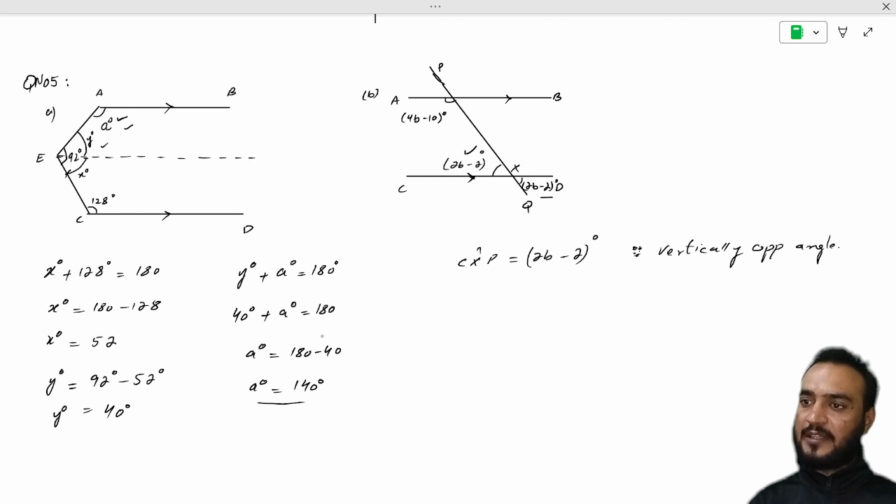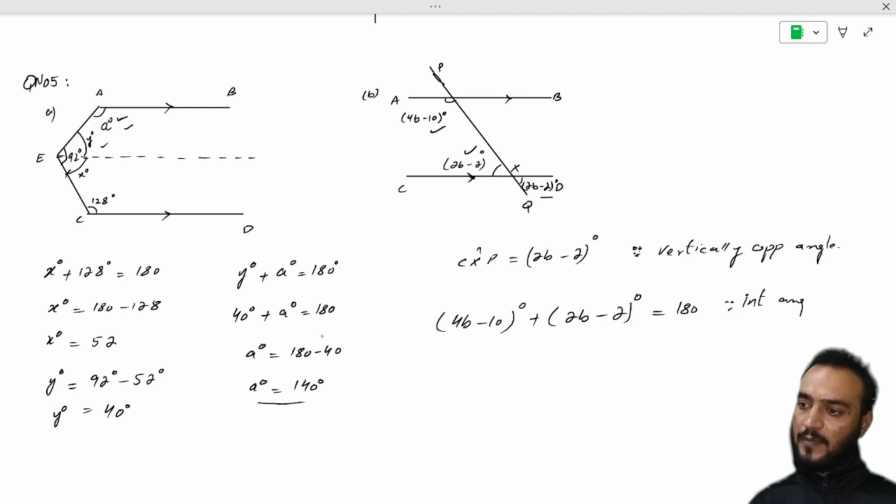Now this angle and this angle are the interior angles, so their sum becomes 180 degrees. So 4b minus 10 degree plus 2b minus 2 degree is equal to 180 degree, because these are interior angles, and the sum of interior angles is equal to 180 degree.